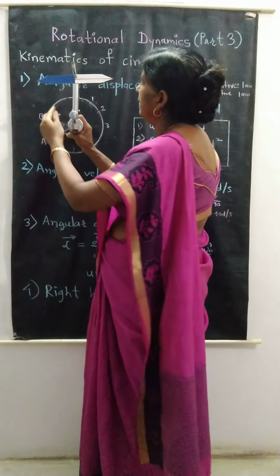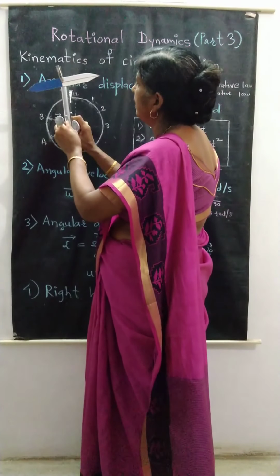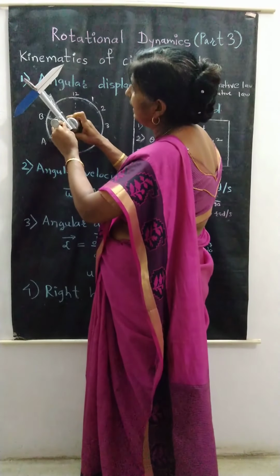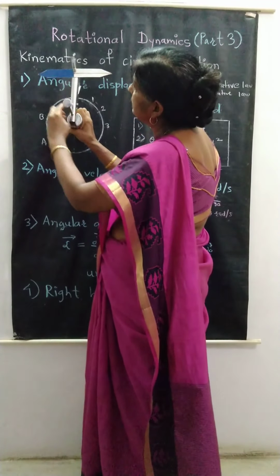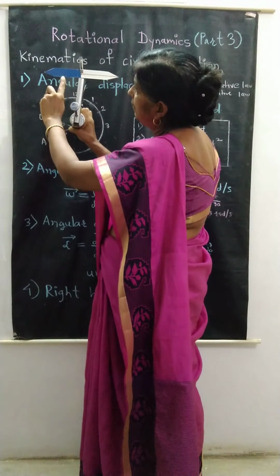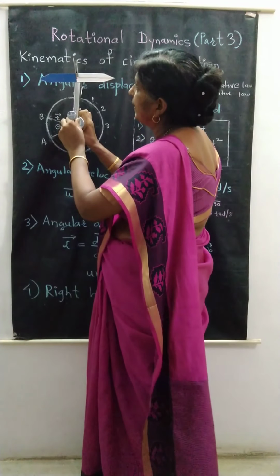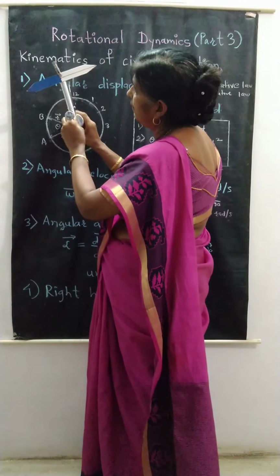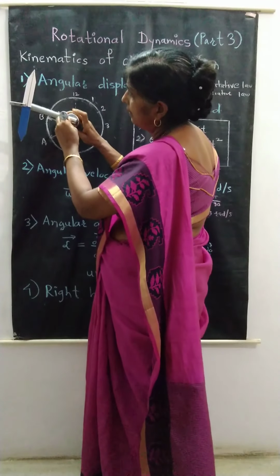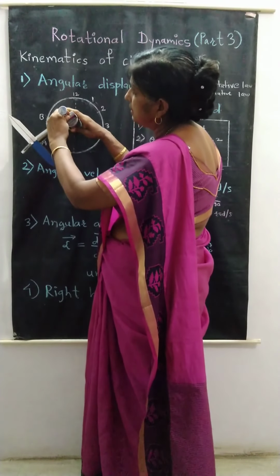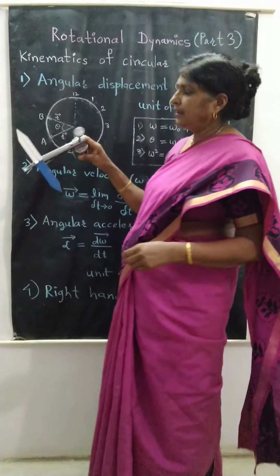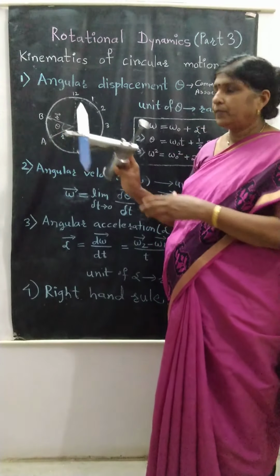On the other hand, if the body is moving in anti-clockwise direction like this, then this blue arrow is pointing in the direction of linear velocity, and this blue arrow is also changing direction from time to time.